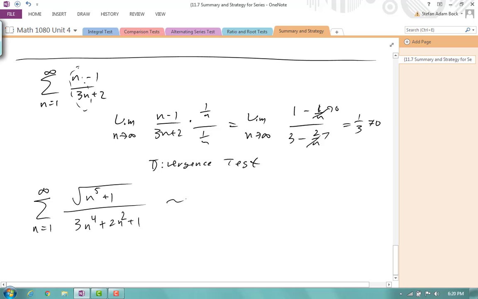I would expect to be able to compare this to, let's see, n to the 5 halves divided by 3n to the 4th. But I've got pluses everywhere, and I'm not too confident in my ability to grow or shrink this. I don't know if I remove all those numbers, if I'll have a bigger or a smaller fraction. So I'll just do a limit comparison.